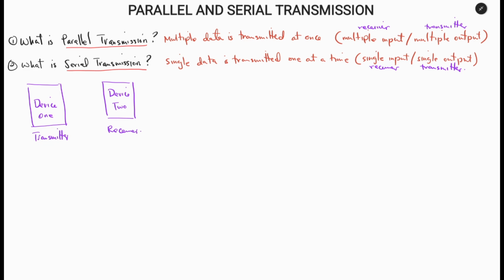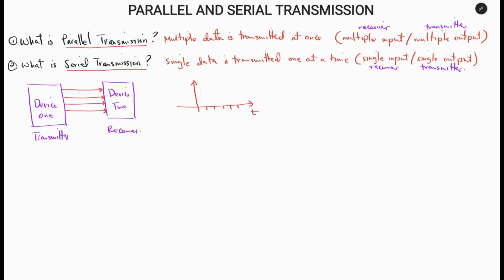From there we can see that we can have multiple data lines, and each data line is responsible for transmitting one data bit at a time. And if we look at a graphical representation, we have what is called the time.